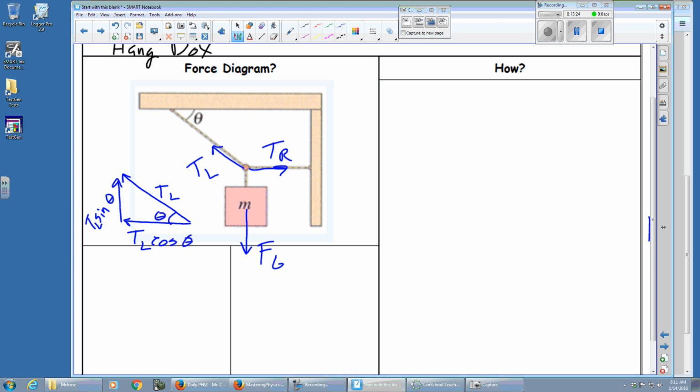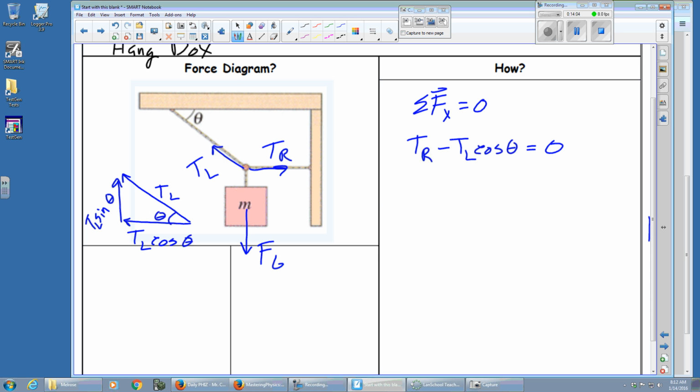So I add up some of my forces, right? So should we start in the X or the Y? Okay. Sum of the forces in the X equals 0. In the X, I'm going to call to the right and up positive. So I'd have TR, which would be positive, minus TL cosine theta equals 0. And I can't go any further.